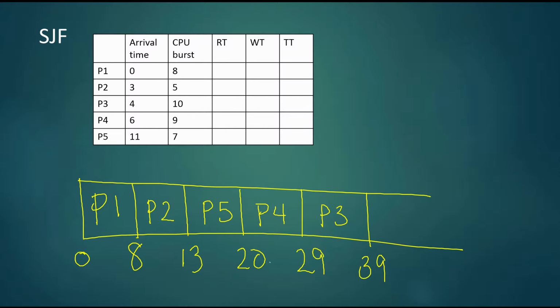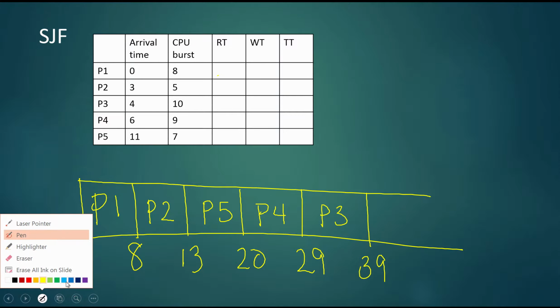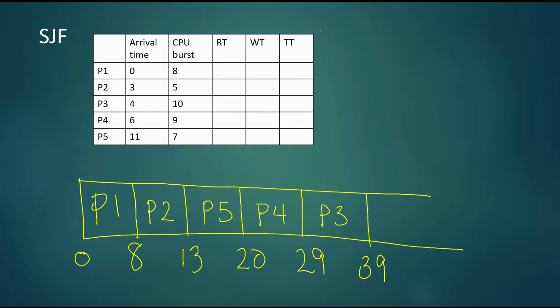Now we do the same thing to calculate the response time. P1 arrived at time 0. The first time it got on the processor was time 0. So P1 arrived at time 0 and got on at time 0, and so waited 0 time units. P2 arrived at time 3, so P2 waited 5 time units.